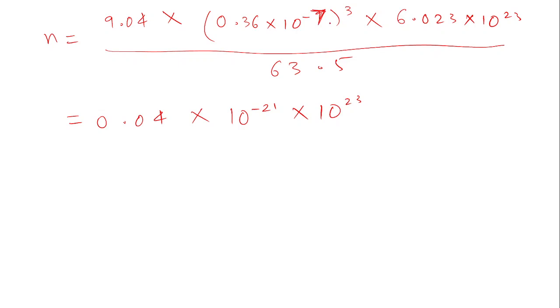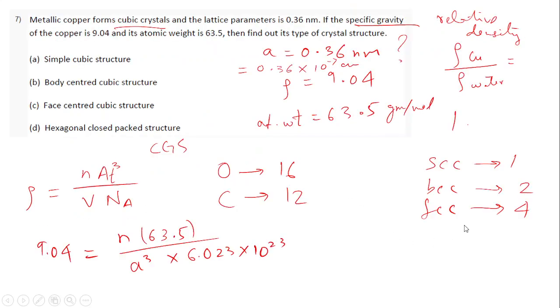So this will be 10 to the power minus 21, this will be 10 to the power 23, and then 23 minus 21 means 10 to the power 2. So this will be 4. Okay, so the number of atoms is 4. I got to know the number of atoms is 4, that means it is an FCC structure. FCC is the correct answer.